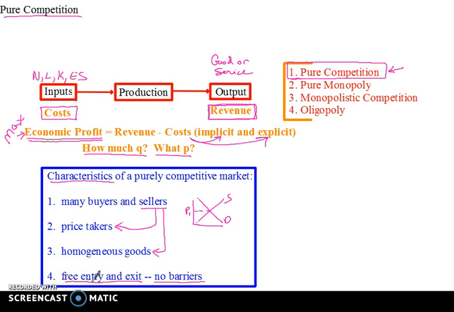That's extremely low cost for me to enter the fruit and vegetable market. So entry is almost completely and totally free. That's what I mean by free entry and exit, that there are no barriers to firms coming into the industry or firms leaving the industry.